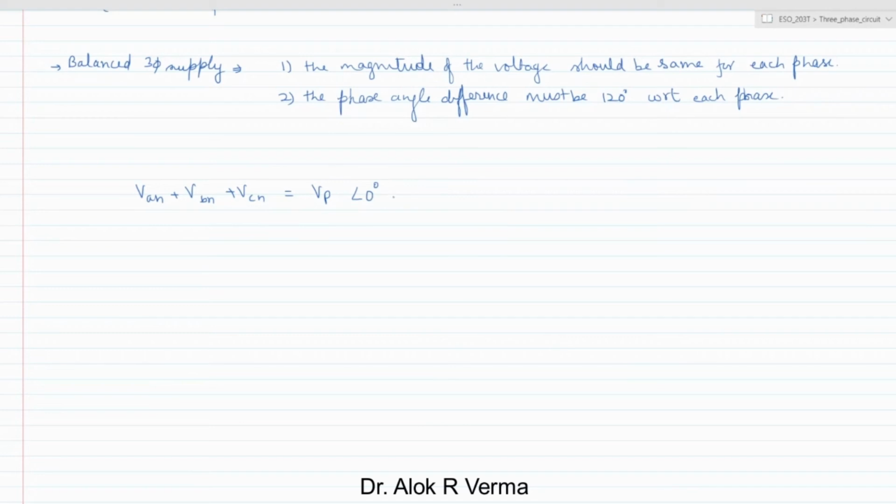Okay, so VP angle 0 plus VP angle minus 120 plus VC, which is also VP angle minus 240 degrees. When we take VP common, it will be 1 plus J0 plus 1 by 2 minus root 3 by 2J, and this is also minus 1 by 2 plus root 3 by 2J.